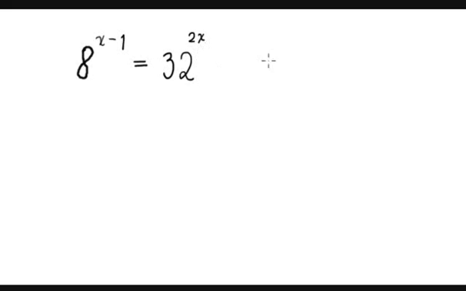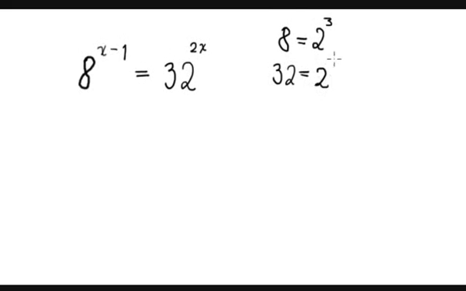Okay, as always, I have to manipulate both sides in order to express them using a common base. In this case, the common base is 2, because I know the fact that 8 is equal to 2 to the cubic power, and 32 is equal to 2 to the 5th power.